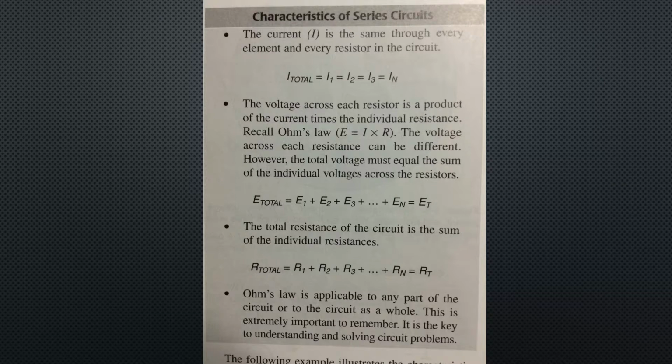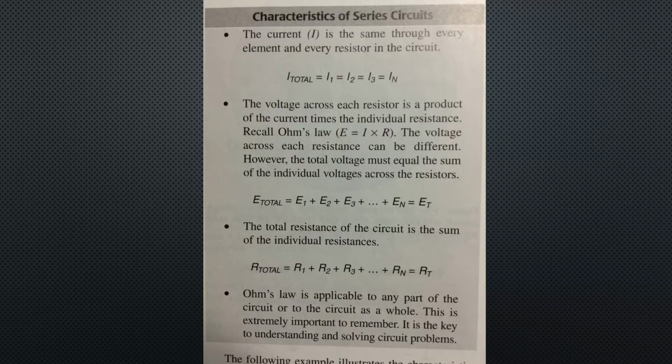These are the characteristics of a series circuit. The current, or I, is the same through every element and every resistor in the circuit, where I total equals, for example, I1 equals I2 equals I3, and so on. The voltage across each resistor is a product of the current times the individual resistance.